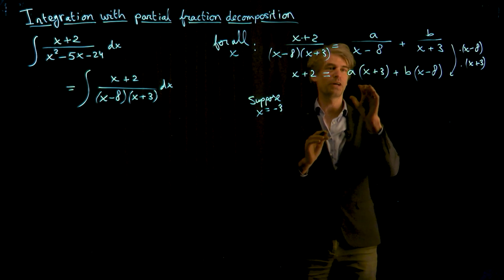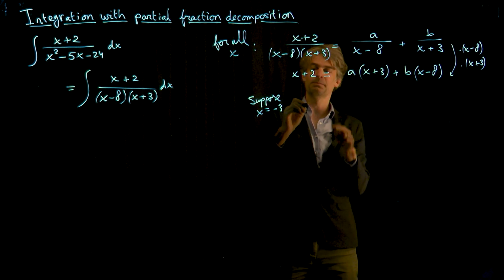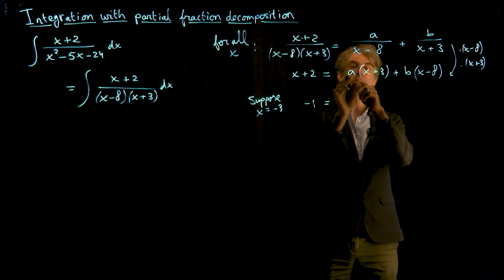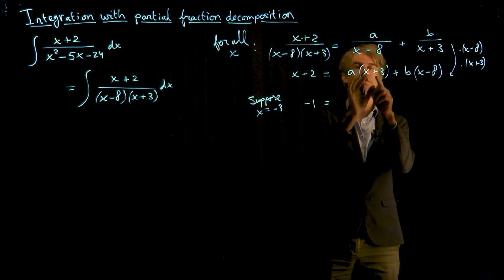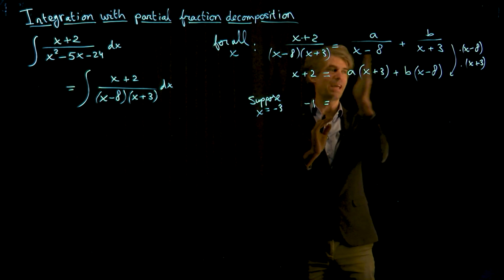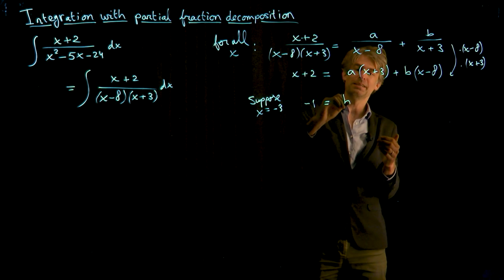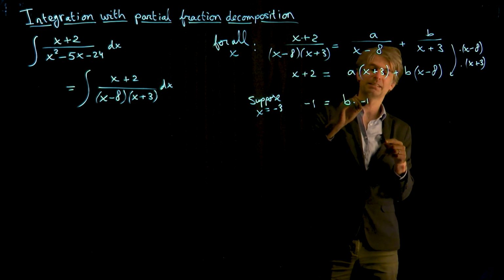Something very useful happens. The left side will simply become -1. The first term will be a times 0. That was the whole idea. So this whole term vanishes, and we're left with b times -11.